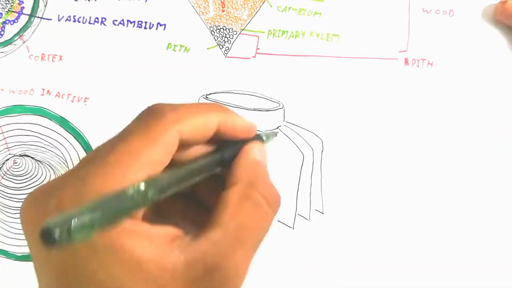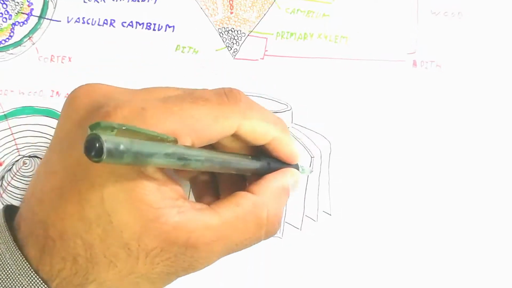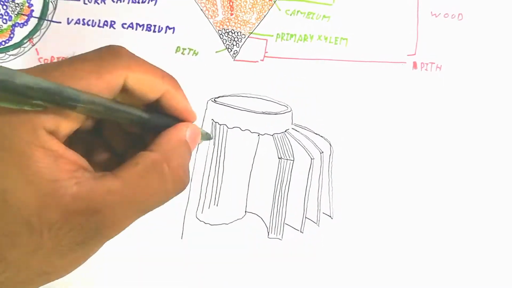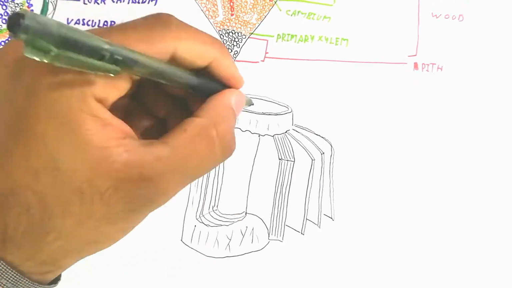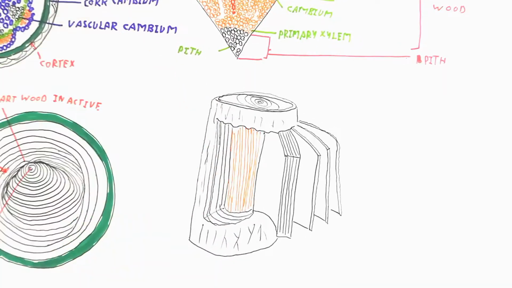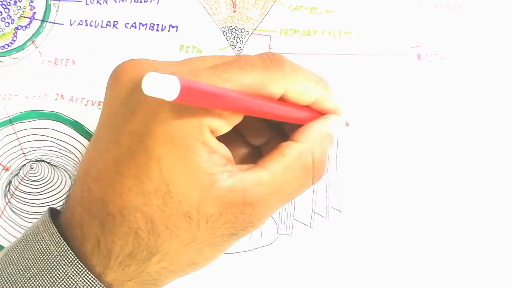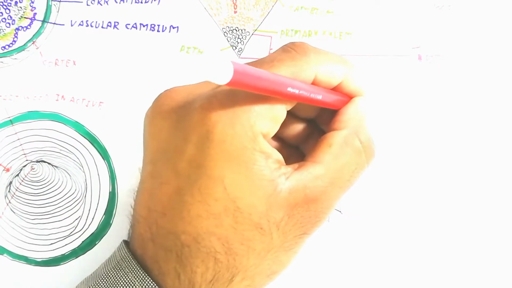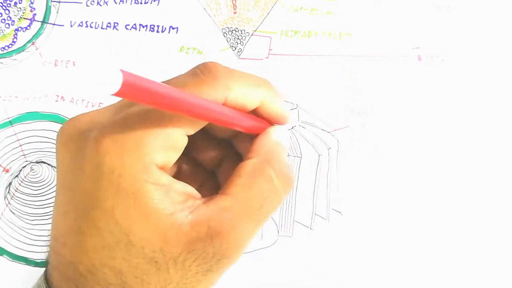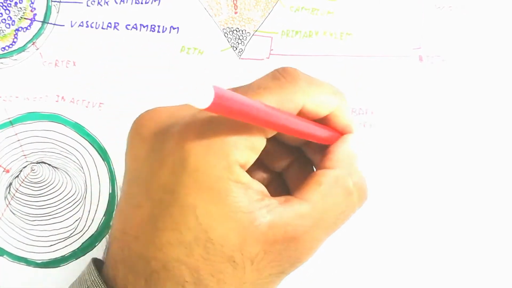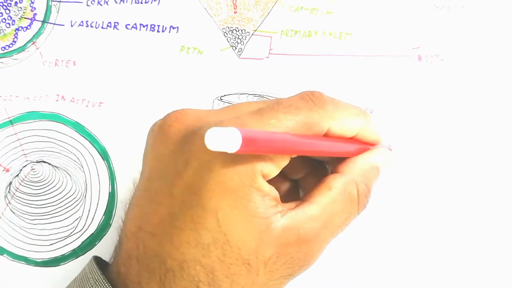So that's important. Here I will draw another structure of the stem, which contains pith in between. The orange color shows the heartwood, inactive, and the sapwood.